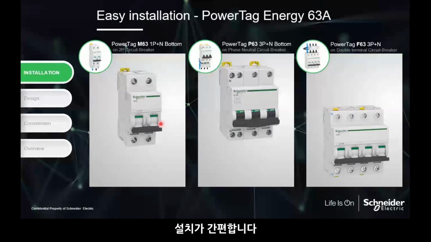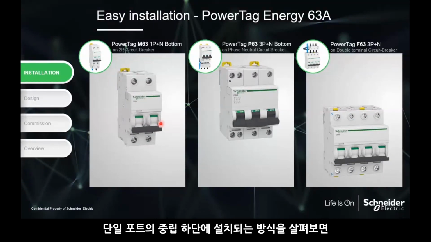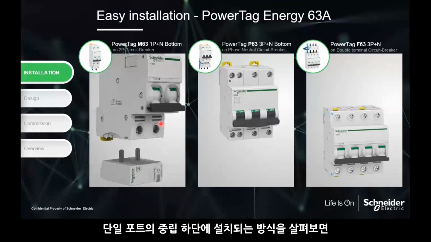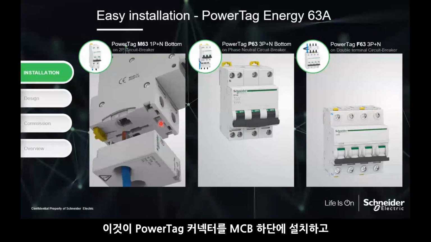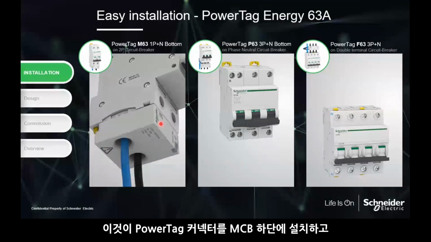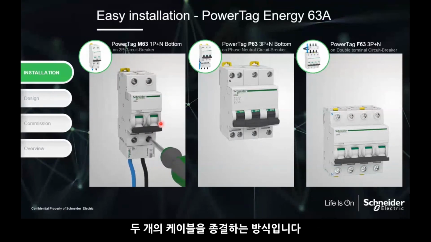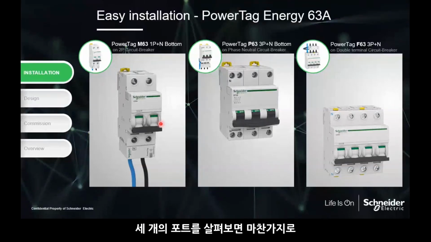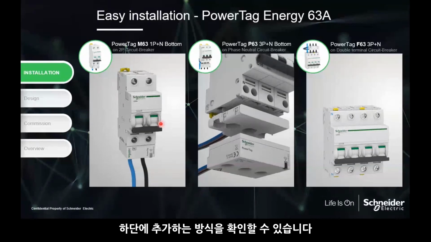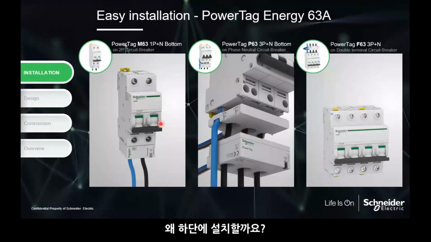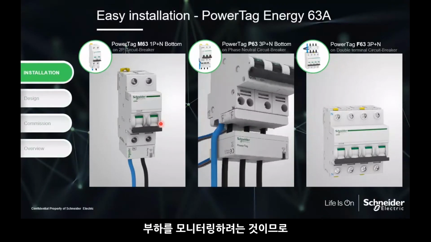Why is it easy to install? You look at the way it's installed on a single pole neutral at the bottom. That is how you put a PowerTag, connect to the bottom of the MCB, run two cables and then terminate the two cables. For the 3-pole, that is how it's installed, also at the bottom. Why do we put it at the bottom? Because we are monitoring the load.